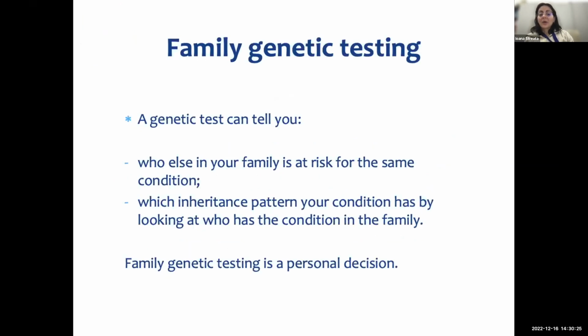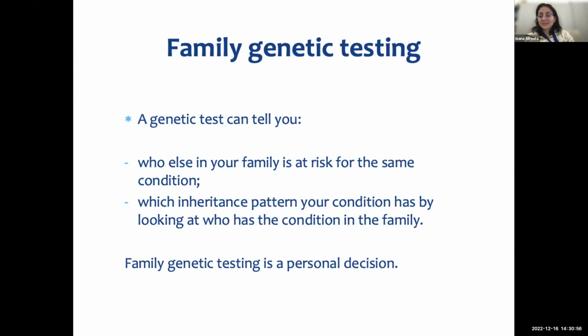And it can also be necessary to test our parents, for example, or our siblings, if we are the first person in our family that was tested and where a genetic variant was found, because it's important to establish the inheritance mode of that variant.